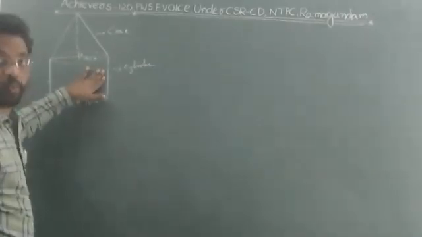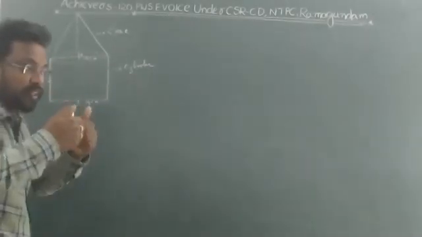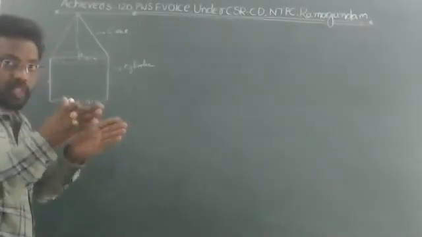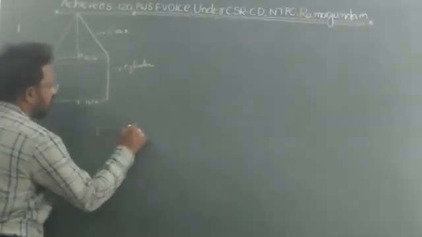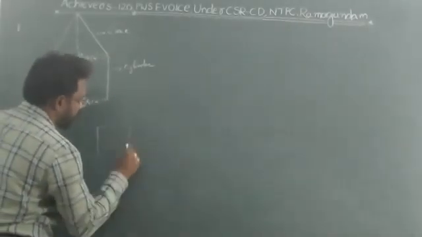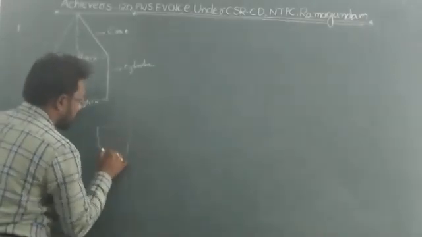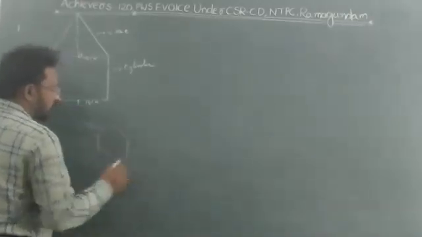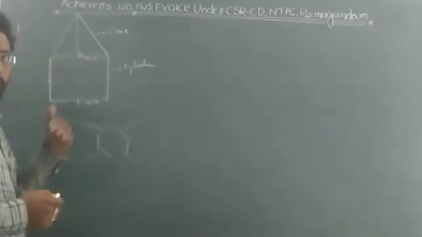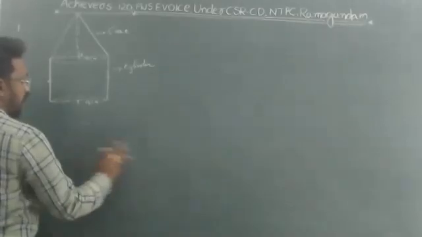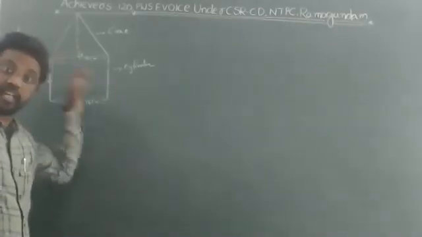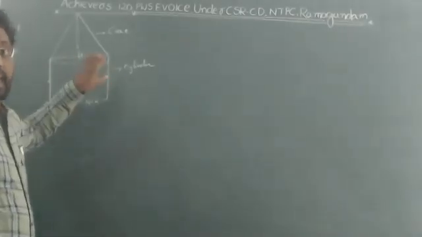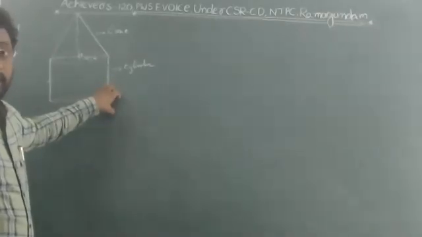If this is a cube and you take a circle, some space will be left here. We can't find that out, so this is the way to do it. Let us say this is a cylinder.